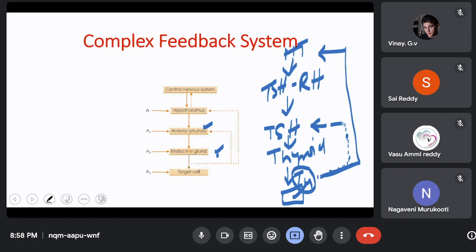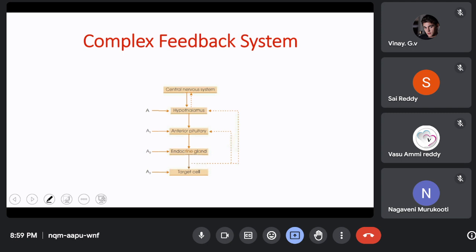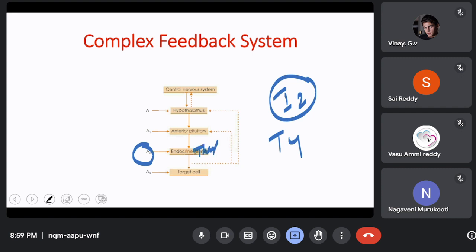Thus, T4 hormone not only can inhibit TSH, it also can have a negative feedback effect on the hypothalamus. Thus, at both places, the T4 that is released is controlling in a negative way. And here A1, A2, A3, they refer to the other factors. For T4, thyroxine, to be secreted, what is required? Iodine is required. If we consider this is endocrine gland, thyroid gland, it has to produce T4 which acts on the target cell.